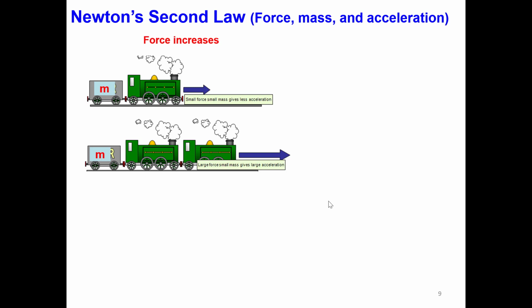Let's think here we have an engine pulling some wagons. The engine represents the force, and the wagons represent the mass. We will change the force but keep the mass constant, and we will see what happens with the acceleration.